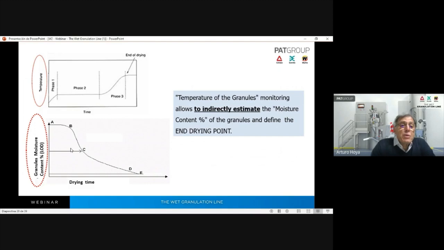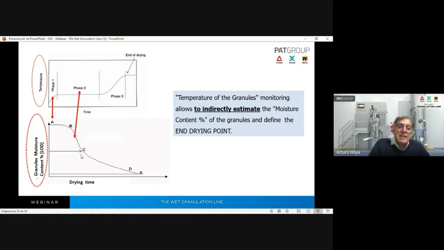Let me show you this. This is phase 1. Phase 2, in drying, in temperature, is the constant temperature, which means the fast or maximum velocity of loss of moisture content. This is phase 2.